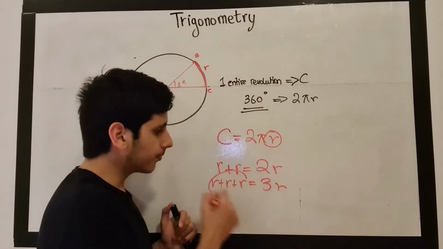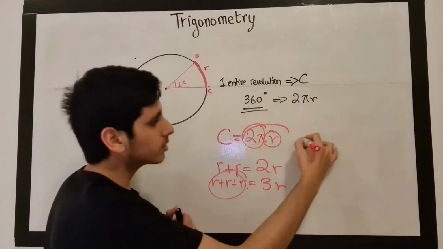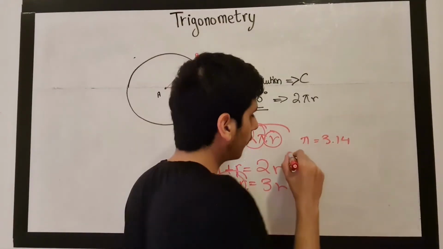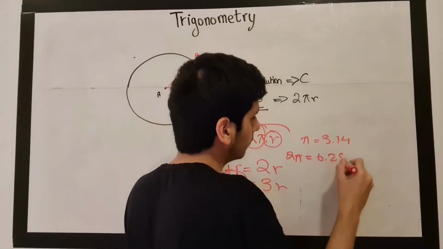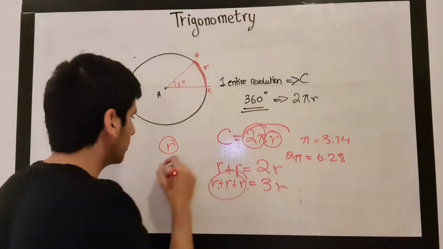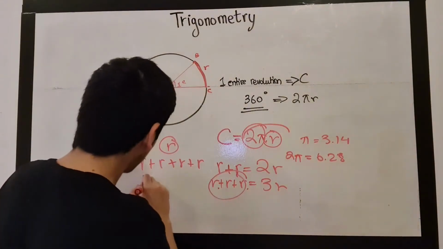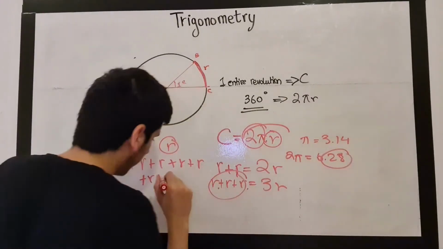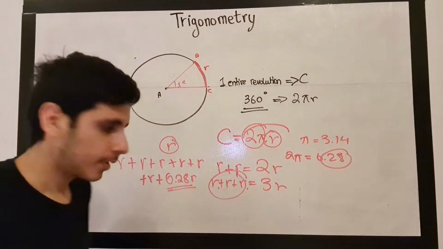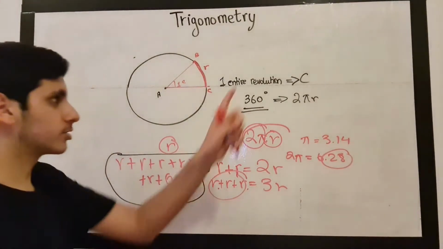So if I add r 2 pi times, and 2 pi is approximately 2 times 3.14, which is around 6.28, so r plus r plus r plus r, 4 of them, plus 0.28 of an r.